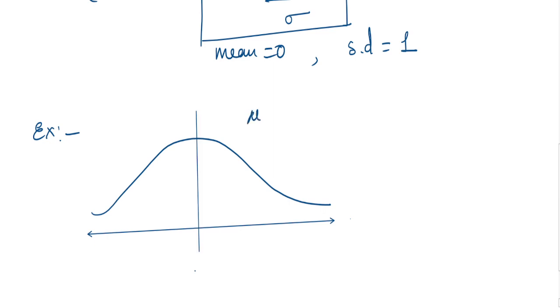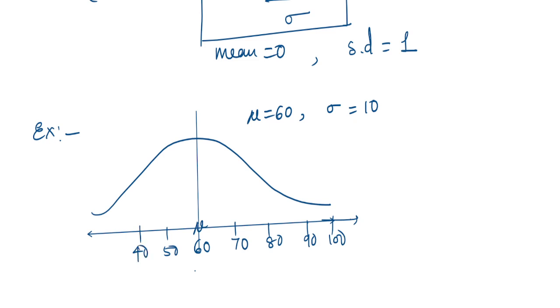So let us consider mu is equal to 60 and sigma is equal to 10. So here it would be 60. This is the line of mu, line of mean. Then mu plus sigma 70, 80, 90, 100, and this side 50, 40, 30, 20.